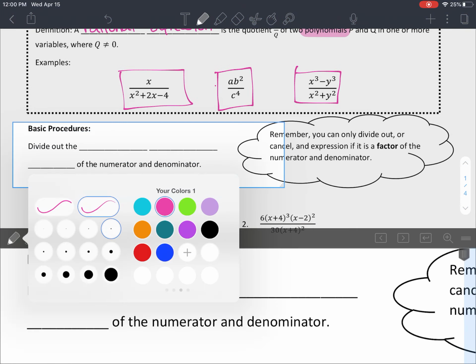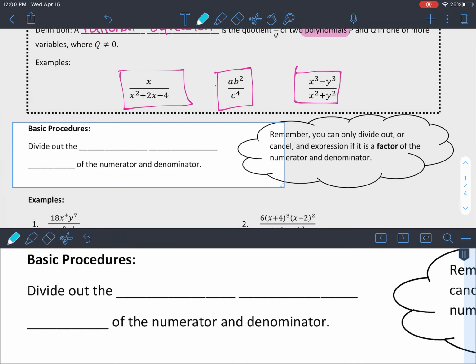Some basic procedures that we need to do when simplifying these rational expressions. We are going to learn about simplifying them, adding and subtracting them, and then multiplying and dividing them. I want to start off with simplifying, and we're going to practice simplifying some before we move forward, because we'll have to add another step in there before we can simplify.